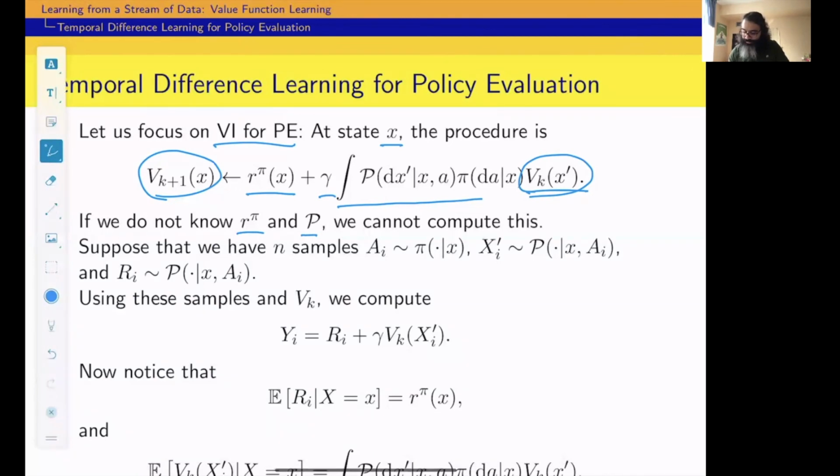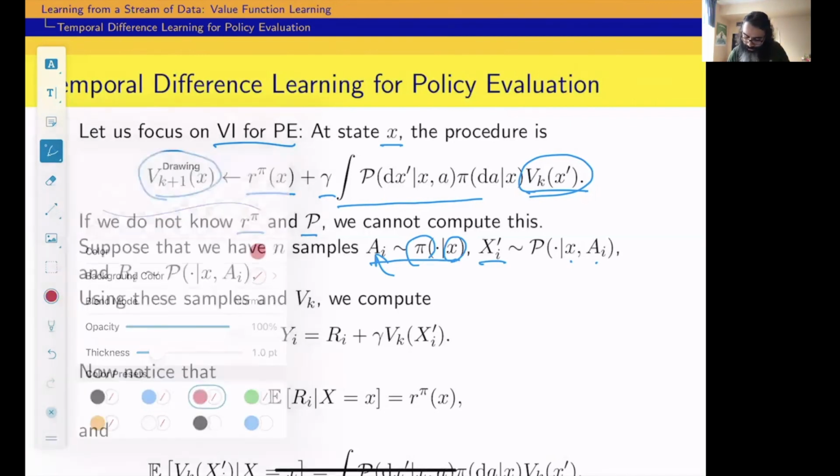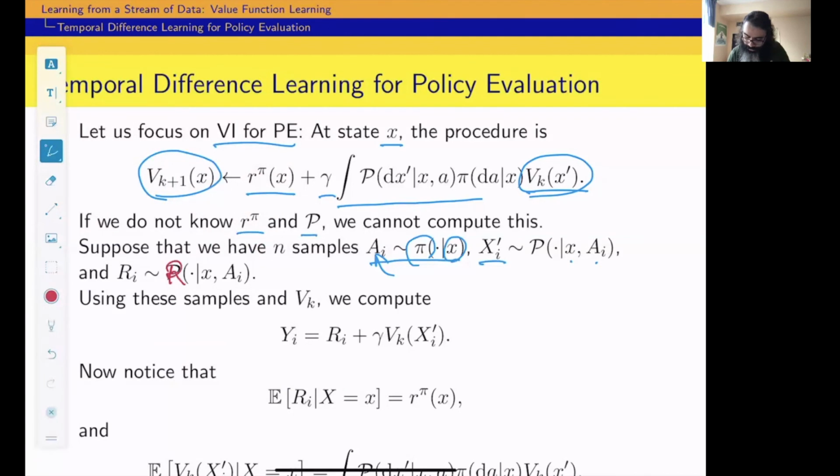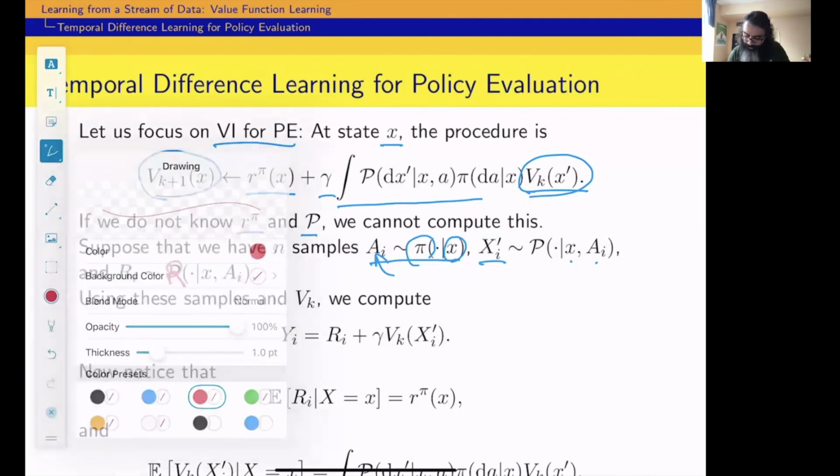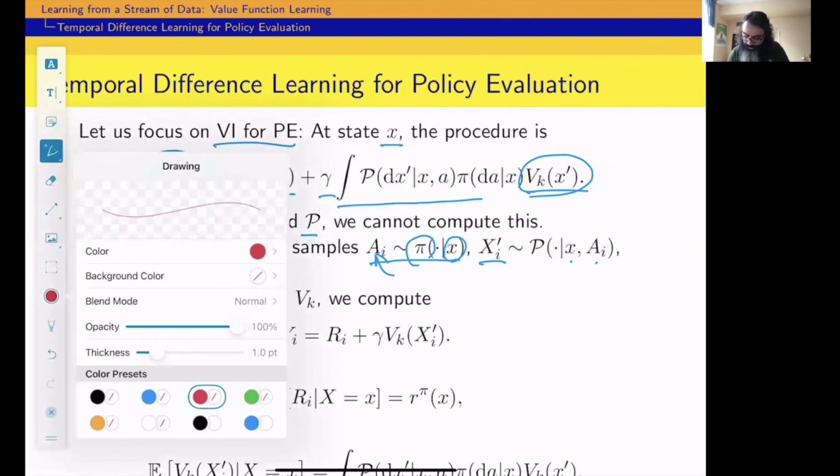Suppose we have samples: we are at state x, according to the policy we choose action a_i, and then according to state x and a_i, using P, we go to x_i prime.